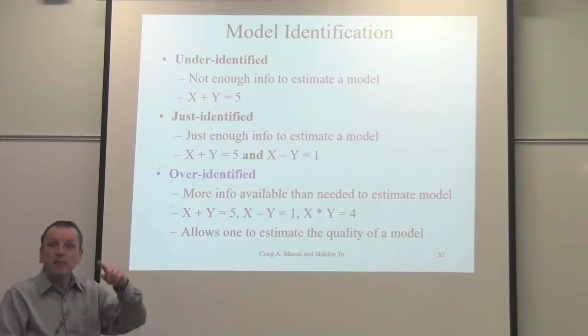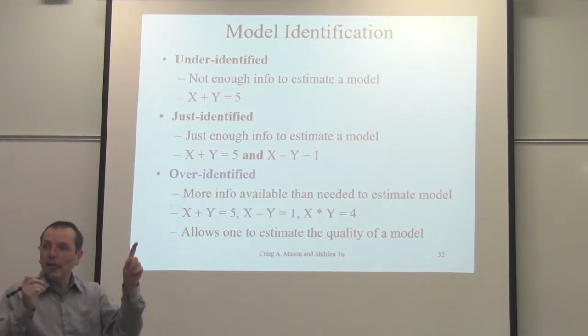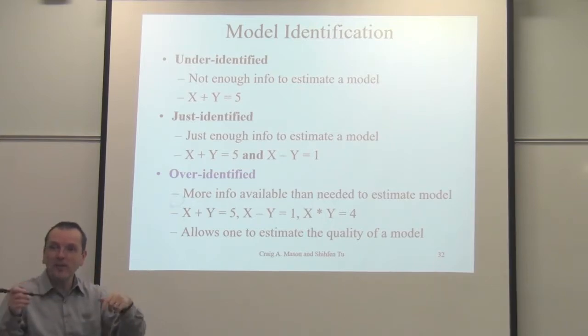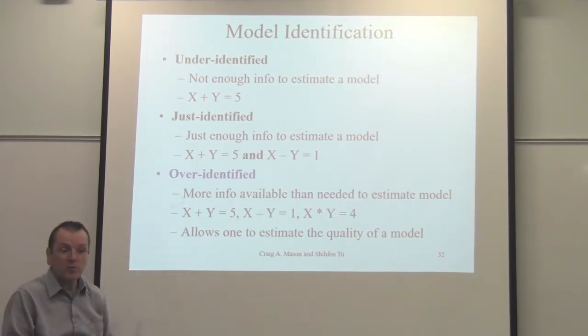From your models, you can start to think about what happens if we have the same variables, but you have some paths that I don't have, more paths and fewer paths. Changing the paths is how you can go from under-, over-, or just identified.